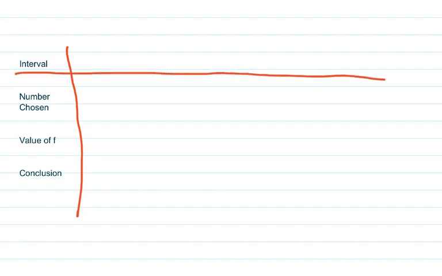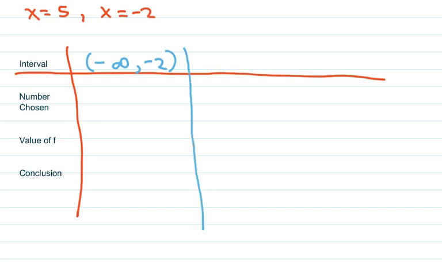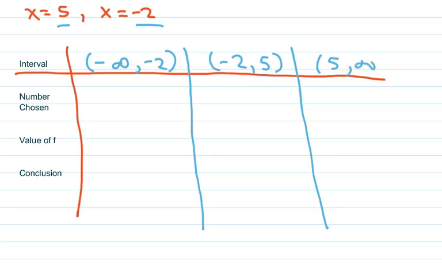Since our zeros are x = 5 and x = -2, I'm going to start with my smaller number and check intervals from negative infinity to negative 2. And then I'm going to check from negative 2 to 5, and then from 5 to infinity.